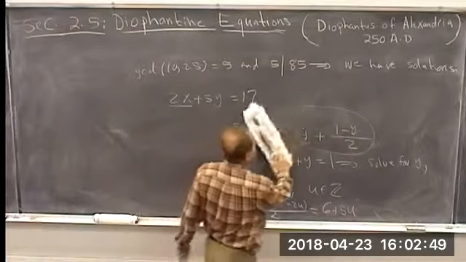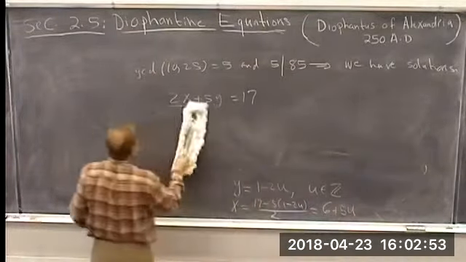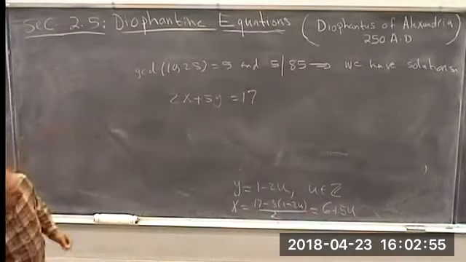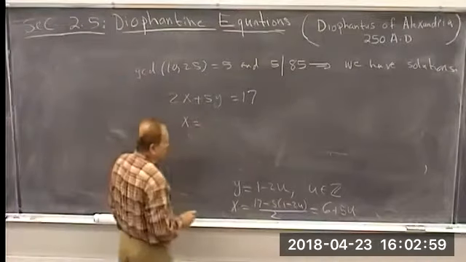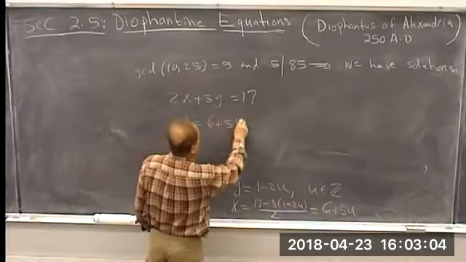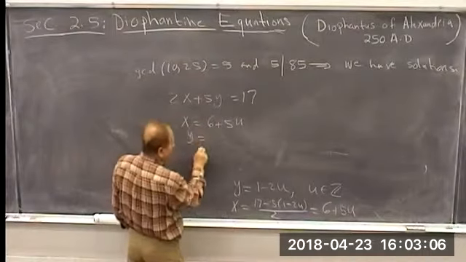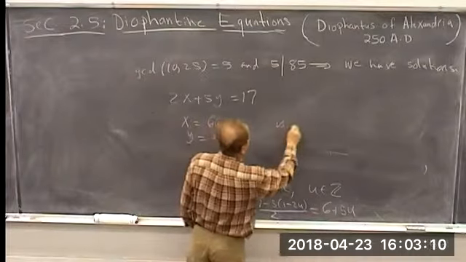The solution for the reduced equation, which will be also a solution for the original equation, is x equal to 6 plus 5u, and y equal to 1 minus 2u, where u is an integer.